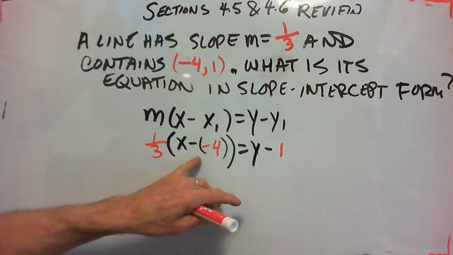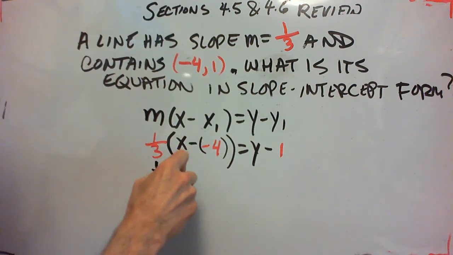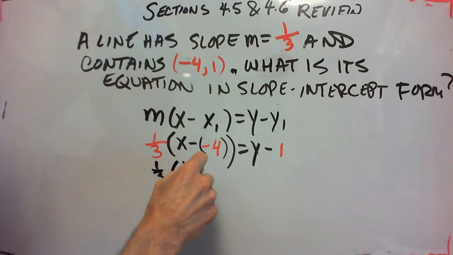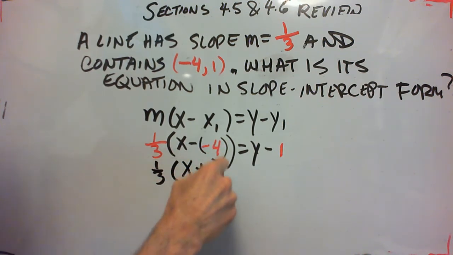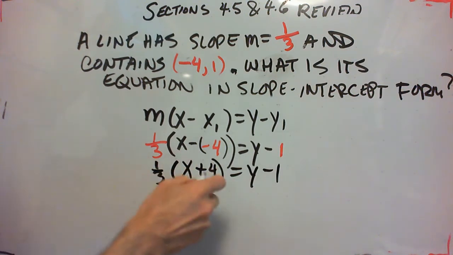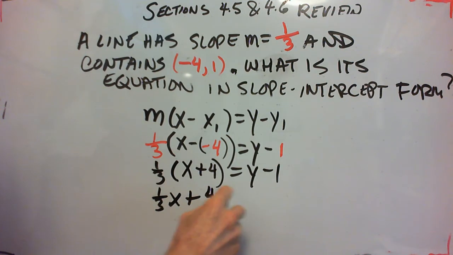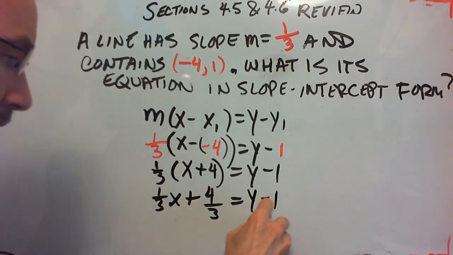So we just plug in those values for m, x1, and y1, and we get 1/3 times x minus a -4. I'm going to rewrite that as 1/3 times x plus 4 before I go any farther. Now distribute the 1/3. We get 1/3 x plus 4/3 equals y minus 1. And then we just have to add 1 to both sides.